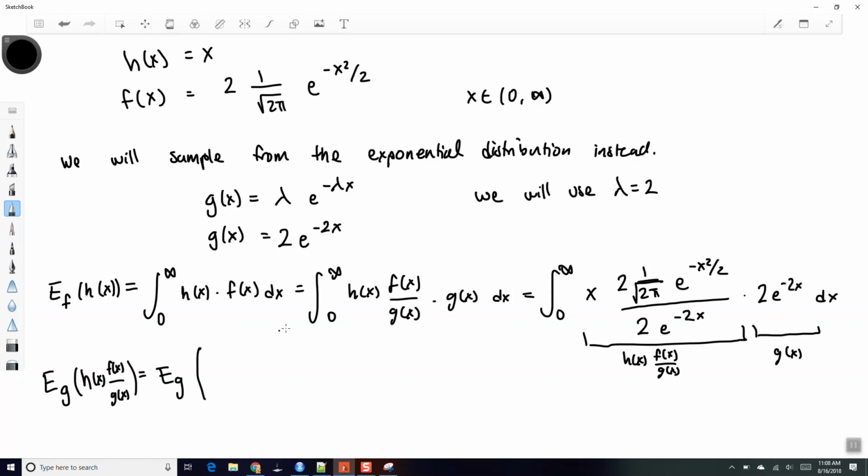Okay, so cleaning this up a little bit, I get x times 1 over root 2 pi and e to the negative x squared over 2 plus 2x. Okay, and here x is drawn from the exponential with lambda equal to 2.